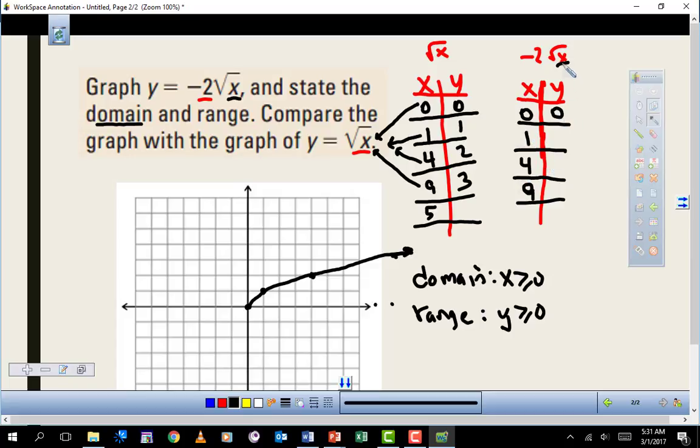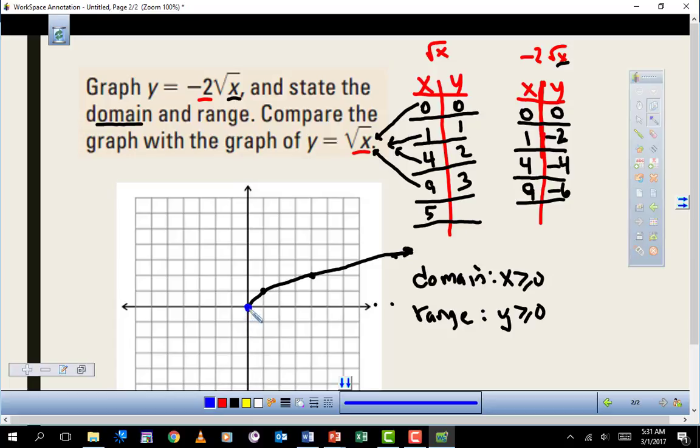If you put 1 in here, you get square root of 1, which is 1. But this time you multiply it by -2, so we get -2. And if you put 4 in here, we get square root of 4, which is 2, multiplied by -2, we get -4. And finally, if we put 9 in here, we get square root of 9, which is 3, multiplied by -2, we get -6.